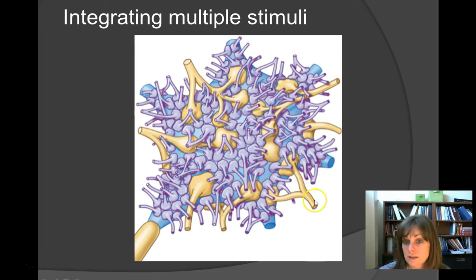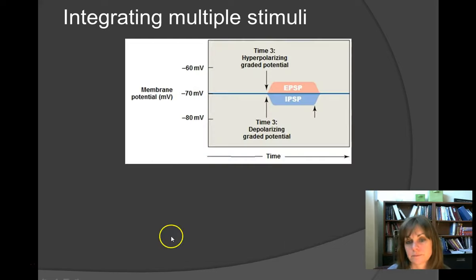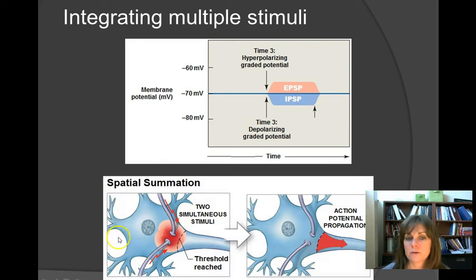Or maybe you're getting several stimulatory signals all at the same time, or several inhibitory signals all at the same time. So it turns out that this postsynaptic cell has a lot of different types of signals coming into it, and it has to make sense of it to make a decision. So how does it do that? Well, there's a couple of different ways.